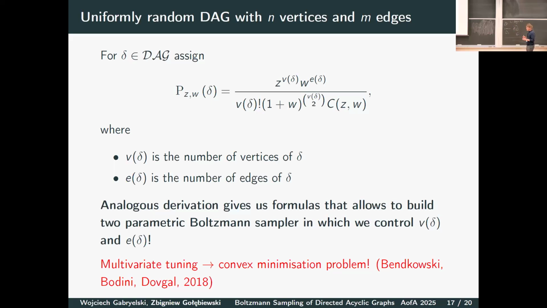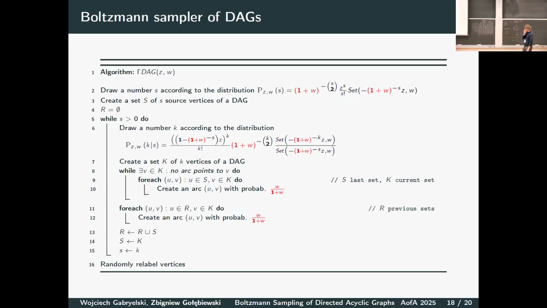We were able to more or less derive similar formulas as before, which allow us to give the Boltzmann sampler of directed acyclic graphs, in which parameter z corresponds to taking care of the number of vertices, and parameter w corresponds to edges.